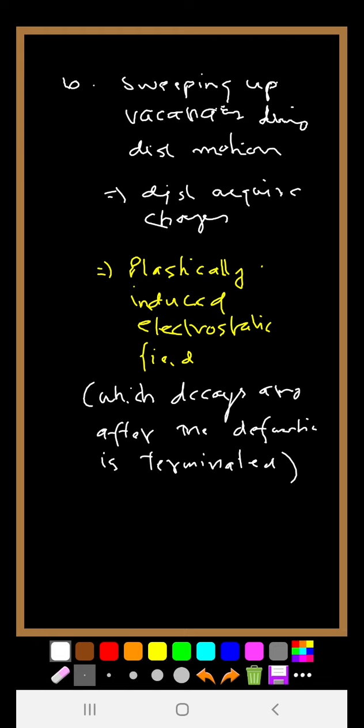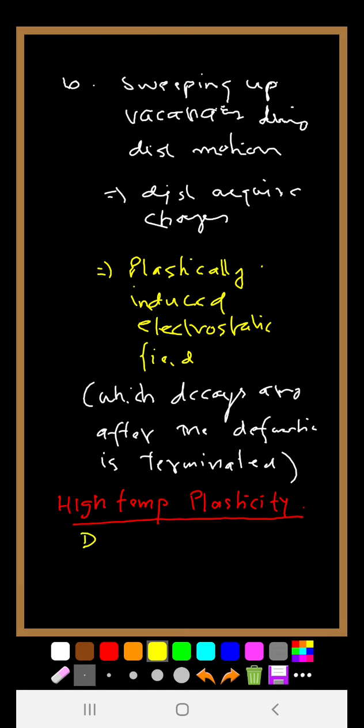So when we talk about high temperature plasticity, it is based upon certain mechanisms like diffusion, dislocation climb, and they are measured as a function of time.